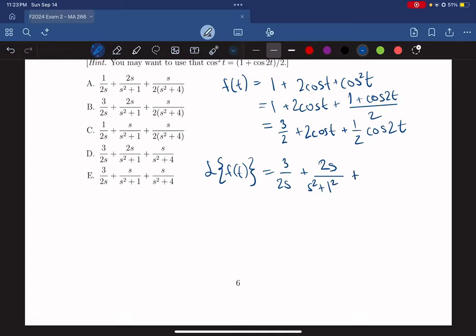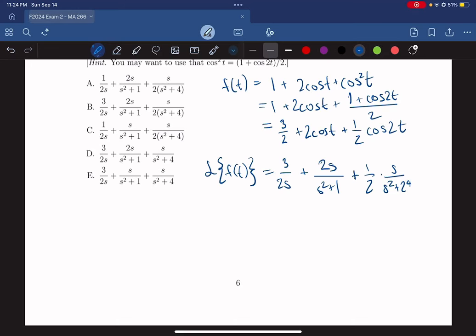This should really be 1 squared, but 1 squared is just 1. And then for cosine of 2t, we're going to have our 1/2 coefficient in front. And then the Laplace of cosine of 2t is just s over s squared plus 2 squared, which is 4.